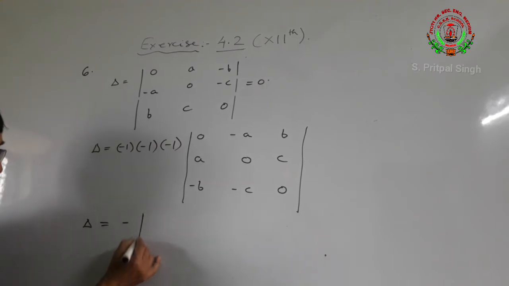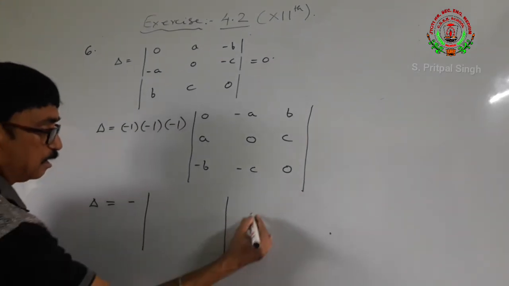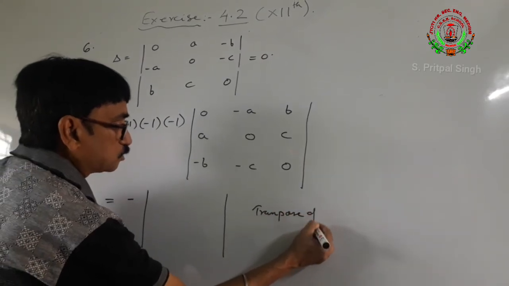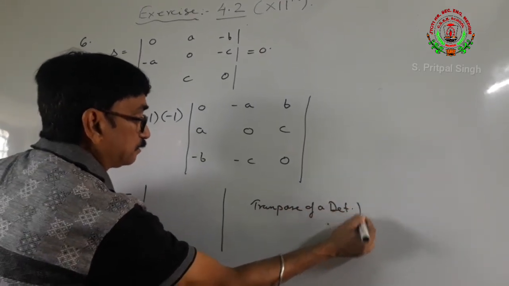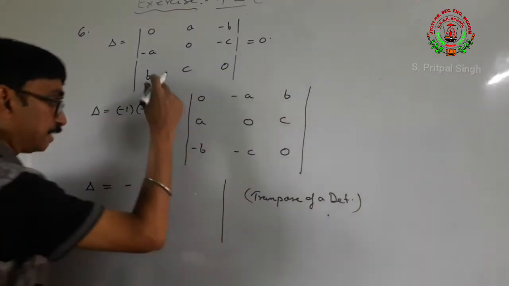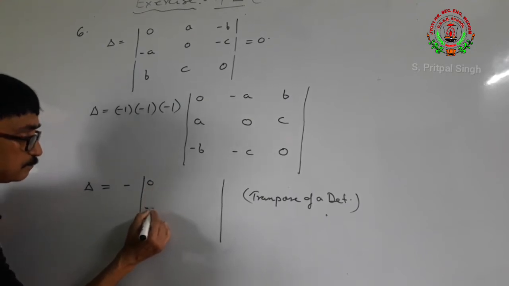and now we are going to take the transpose of the determinant. When we take a transpose of a determinant, the R1 will be written as C1.